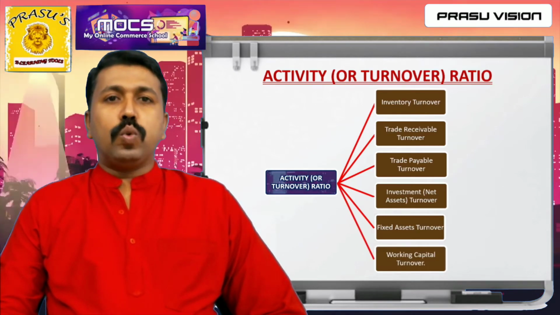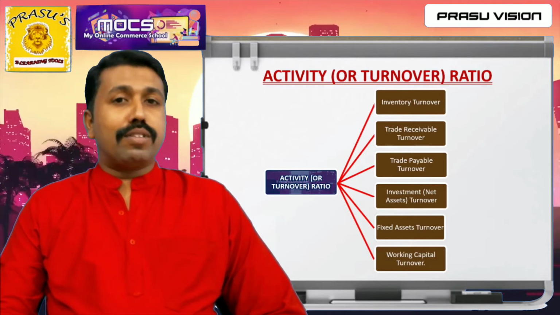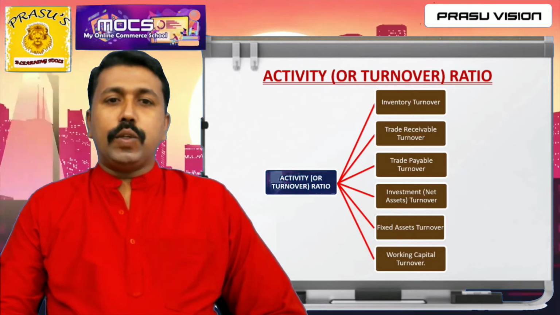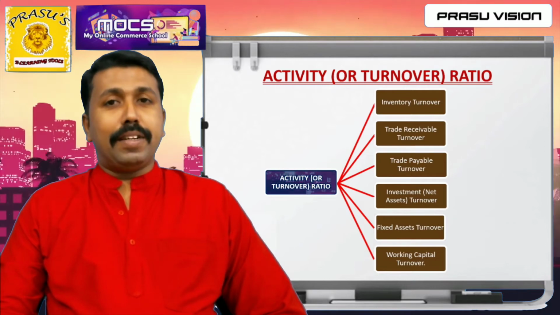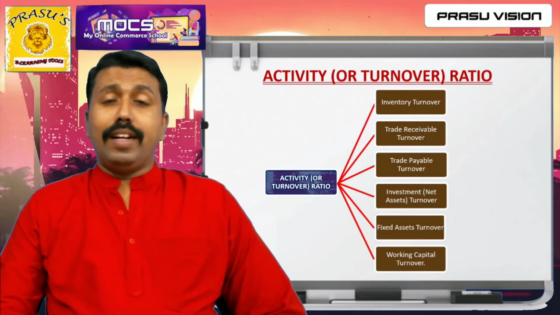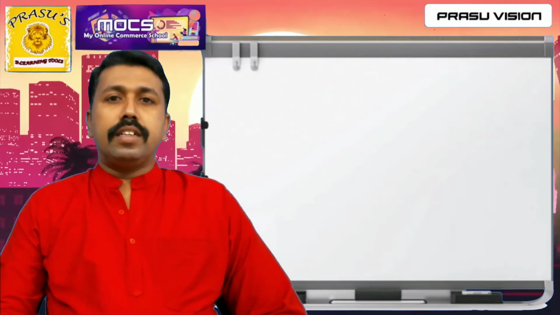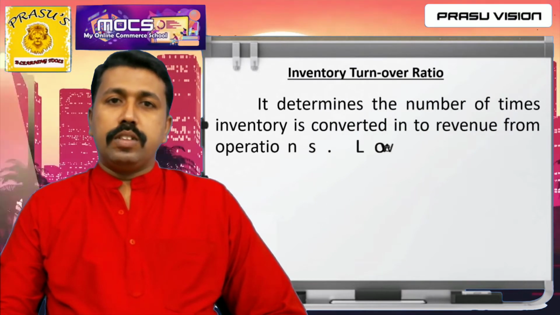We have to learn in detail only four ratios as per our syllabus: inventory turnover ratio, trade receivable turnover ratio, trade payable turnover ratio, and working capital turnover ratio. The other two ratios you will study in your higher studies. First of all, we will begin with inventory turnover ratio.